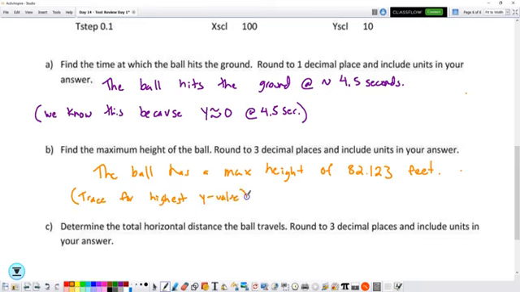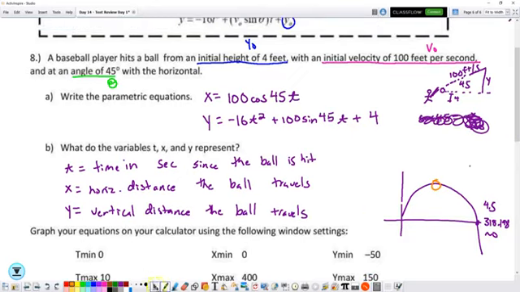Okay, determine the total horizontal distance the ball travels. Oh, yes! We already know this, guys. It's right here. Look at the highlighter. Right here. Boom.